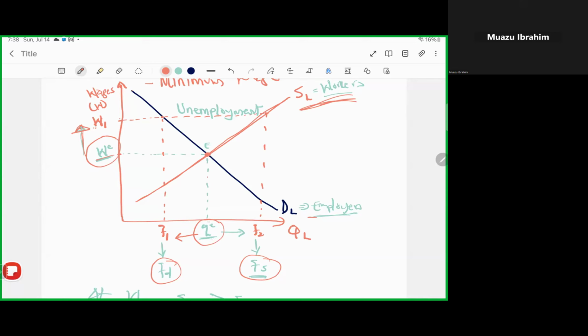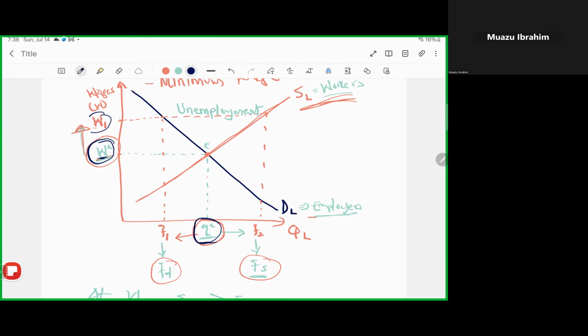Remember, this was also the demand for labor, because at equilibrium, quantity demanded is equal to quantity supplied. And when the government increased the wage rate from WE to W1, what will happen to quantity supplied?